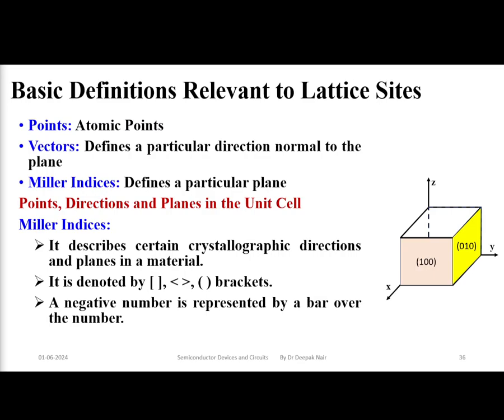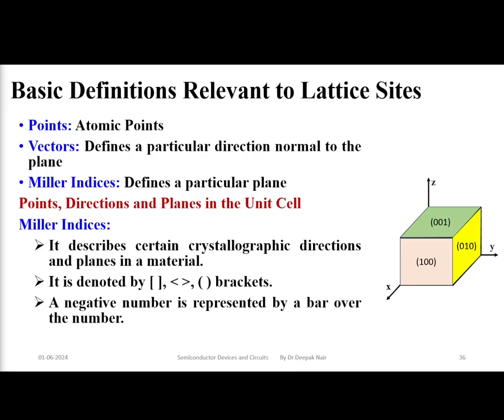Similarly, this plane is represented by 0, 1, 0. Why? Because this yellow plane is touching only the y-axis. It is not touching the x-axis or z-axis. Therefore, it is 0, 1, 0.